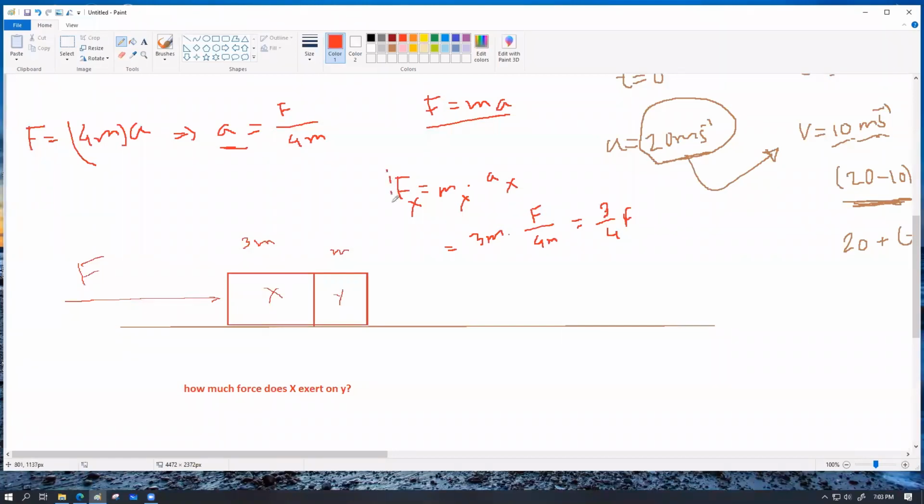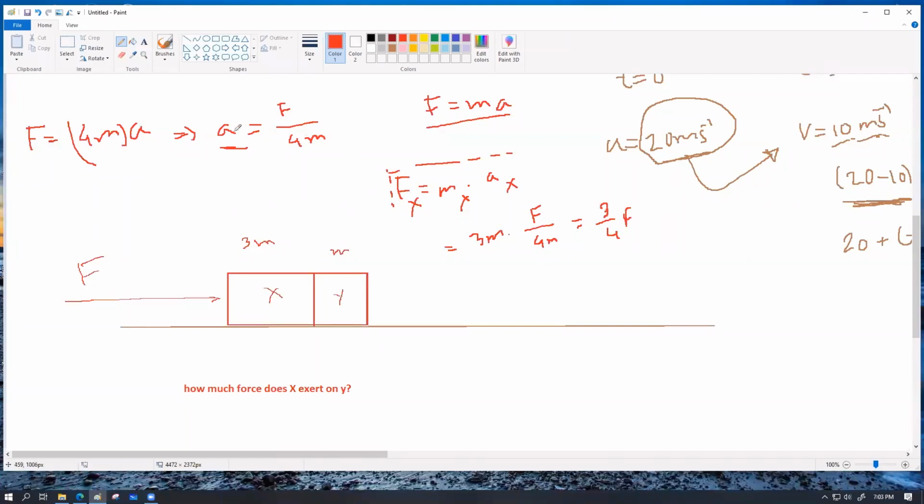This is the equation that I've written exclusively for the object x, which is the basic equation of F equals ma. But I denote this using the subscript x because I only wanted to calculate, listen to this part very carefully, how much force is required by the object x to maintain an acceleration of this much.